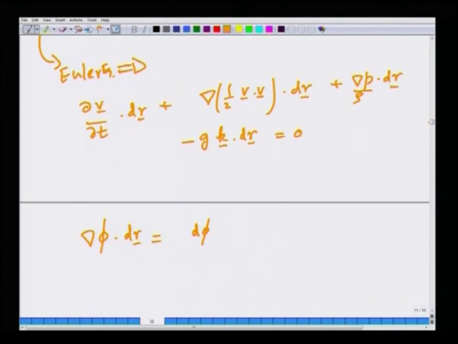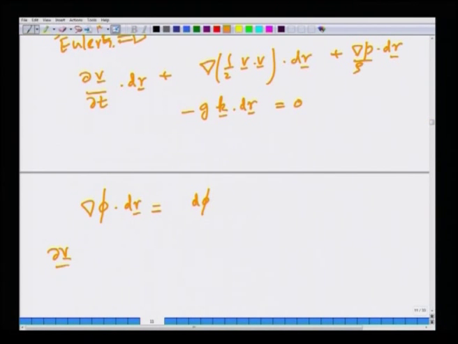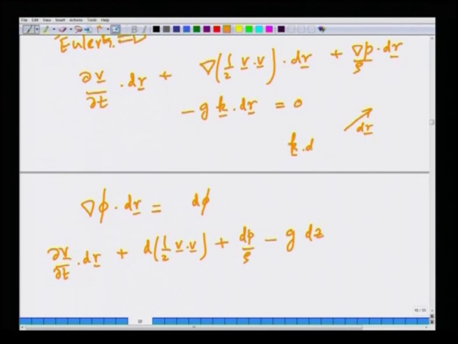So, this equation therefore becomes partial v partial t dot dr plus the change in half v dot v plus the change in the pressure across the 2 points, minus g k dot dr. Suppose you have a differential vector in some direction, k dot dr is the projection of that vector along the k direction, so this is merely dz, because dr is dx times i plus dy times j plus dz times k. So, minus g dz, and this is equal to 0.